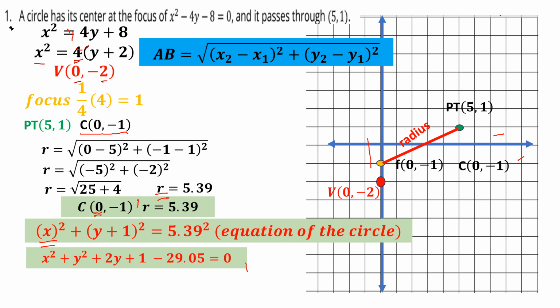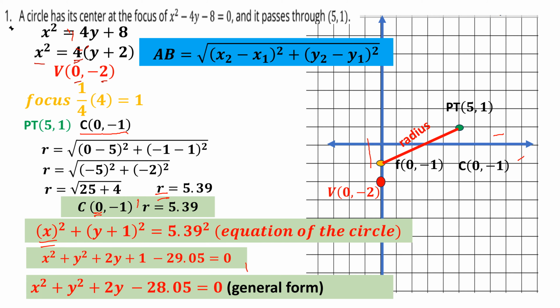In general form, we can write it this way: x squared plus y squared plus 2y plus 1 minus 5.39 squared, which gives us 29.05, transposed to the left. Therefore, our general form will be x squared plus y squared plus 2y plus 1 minus 29.05 is equal to 0. So we already answered the problem.